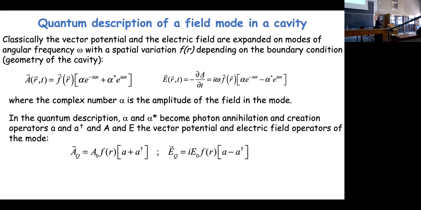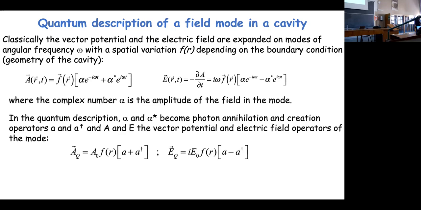So the quantization rule is just to replace the complex coordinates of the field by photon creation and annihilation operators. You get the vector potential operator here and the electric field operator here, which is proportional to A minus A dagger. And you see that the time dependence has disappeared. So in this representation, the Schrödinger representation of quantum physics, the operators are time independent.